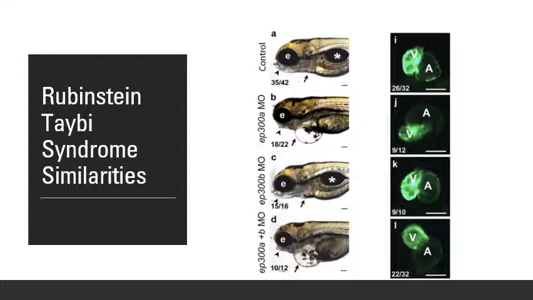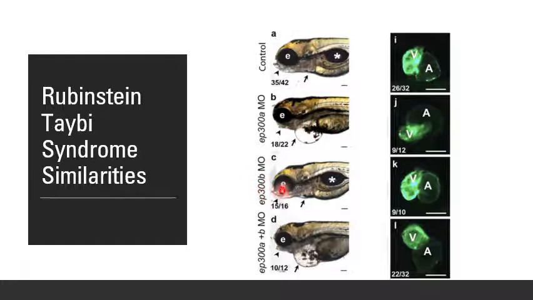So alongside the studies using the inhibitors, they also did some knockouts of EP300A and EP300B in zebrafish. Again, we see normal development of a jaw as well as heart in regular zebrafish development. However, once we knock out EP300A, we see again this reduced jaw formation and issues with heart formation.